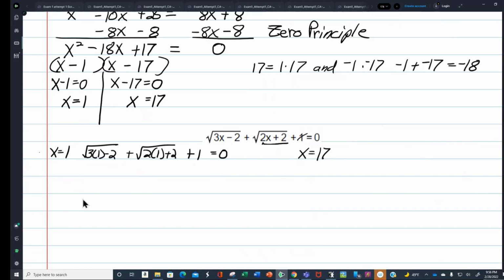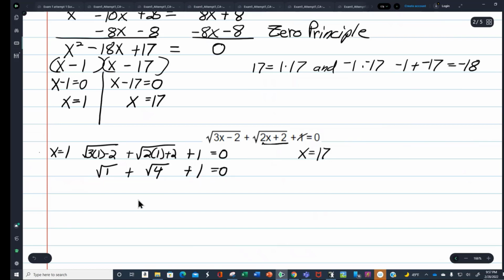Let's find out. 3 times 1 is 3. This is the square root of 3 minus 2. That's the square root of 1. Plus the square root of 2 plus 2 is the square root of 4. Plus 1 equals 0.